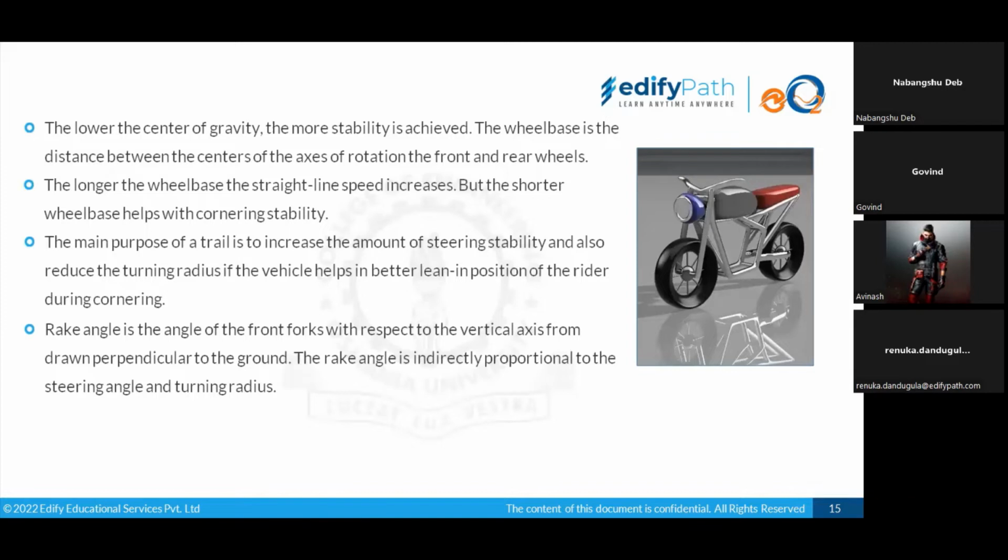In this case, the rake angle is the inclination between the fork and the perpendicular. The rake angle is inversely proportional to the steering angle and turning radius. So the more the rake angle, the lower the turning of the bike. If the rake angle is higher, the turning is lower, and if the rake angle is lower, you could have a higher turning radius.